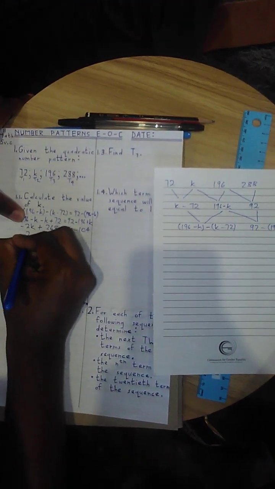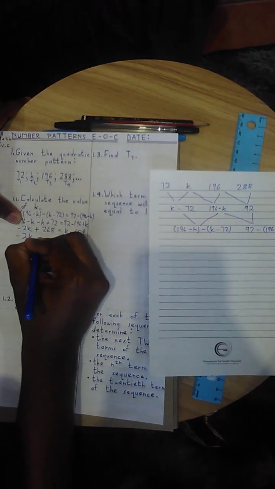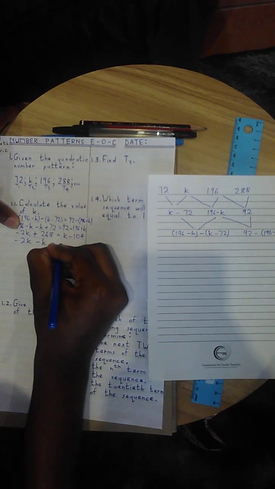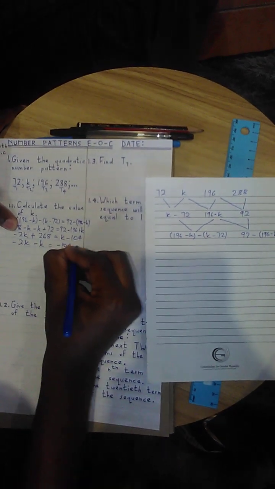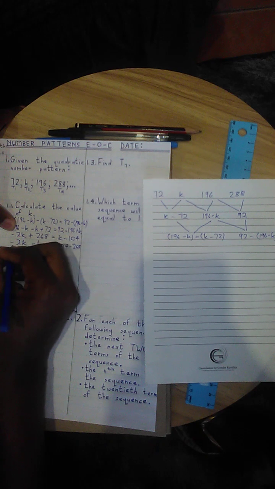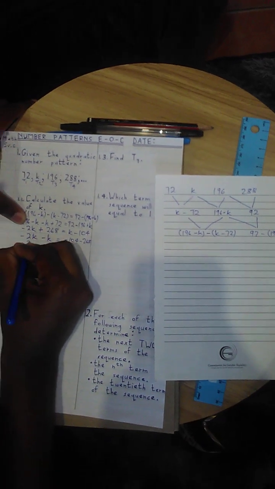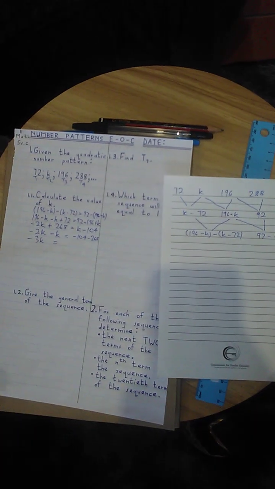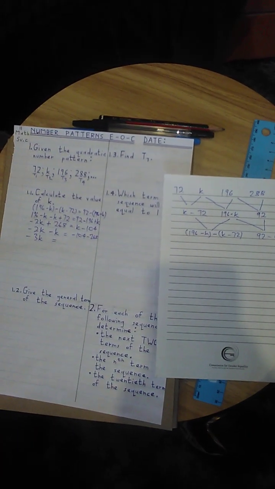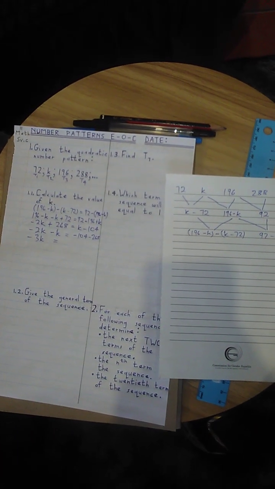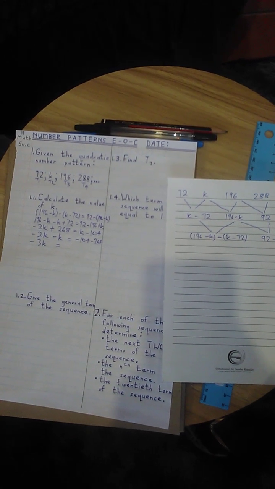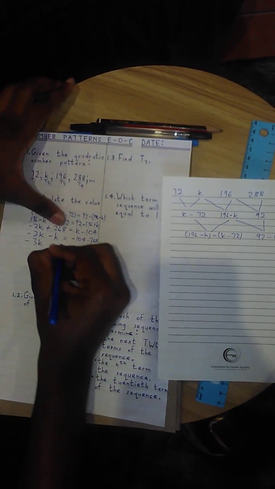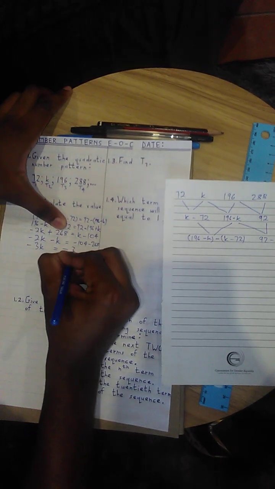So negative 2k minus k is equal to negative 104 minus 268. Negative 3k is equal to negative 372.